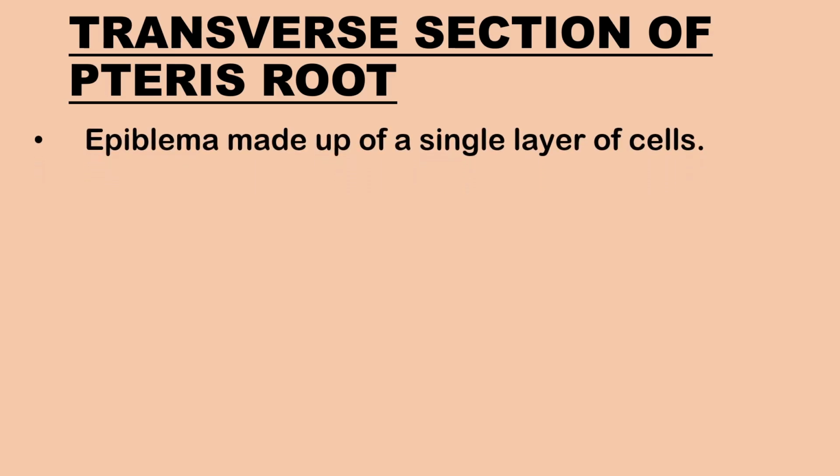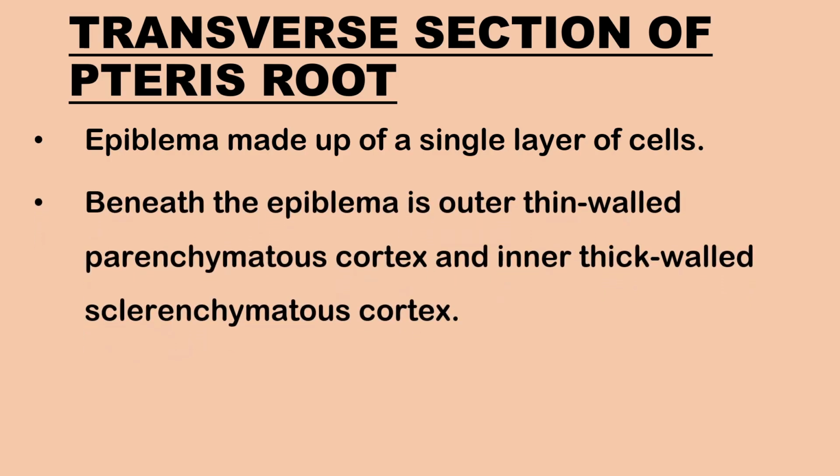Let us study the transverse section of Pteris root. The Pteris root shows the following layers. The epiblemma or the piliferous layer is made up of a single layer of cells. Beneath the epiblemma is the cortex.